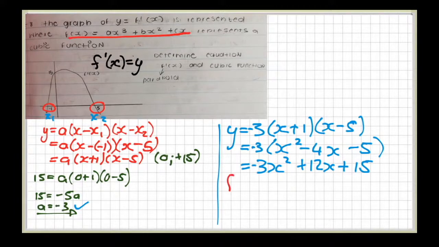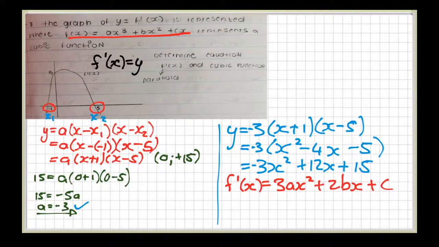So f'(x) is 3ax squared plus 2bx plus c.